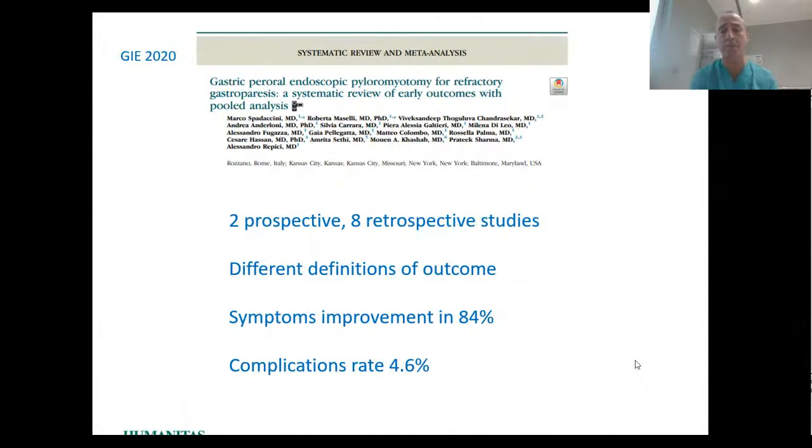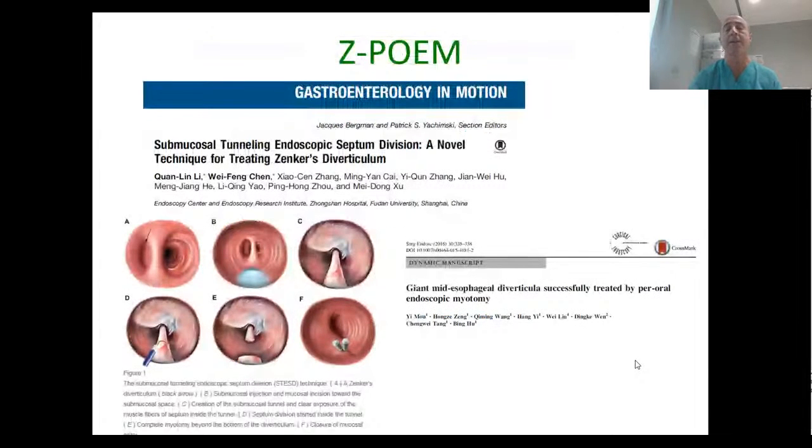That was the main problem with our systematic review. Positive outcome was defined differently in different studies, but anyway, we reported symptom improvement of 84% and a complication rate of 4.6%.